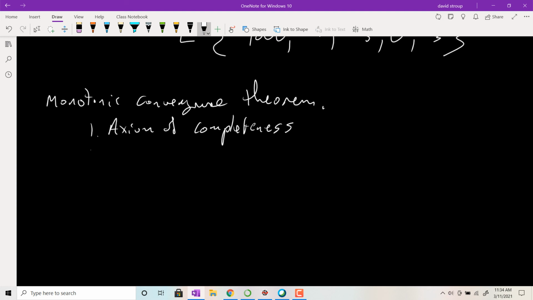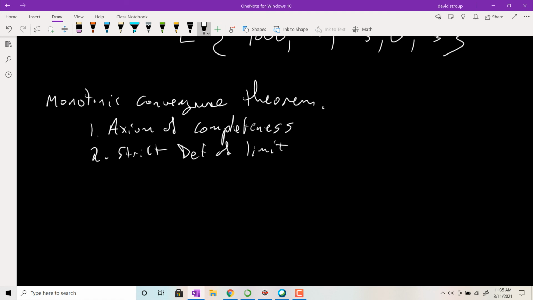But we also are going to need the strict definition of a limit, because we're trying to show that the limit exists. So we're going to use the axiom of completeness and the boundedness and the monotonicity in order to build the epsilon definition for the limit. Let me remind you what the epsilon definition of the limit is.